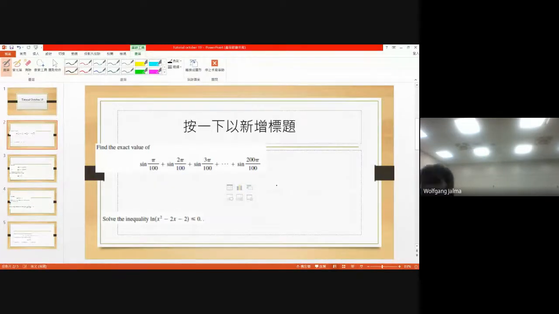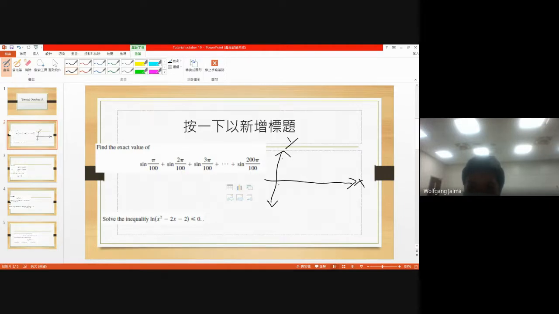Page 75 even. So it is very basic, basically. Remember that, for example, this is the x axis, this is the y axis, and sine 0 is 0.